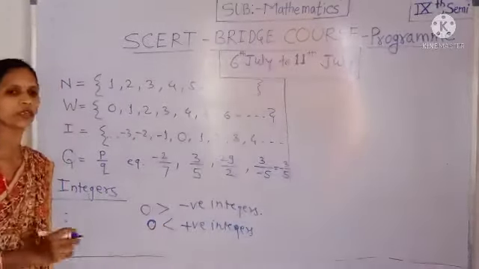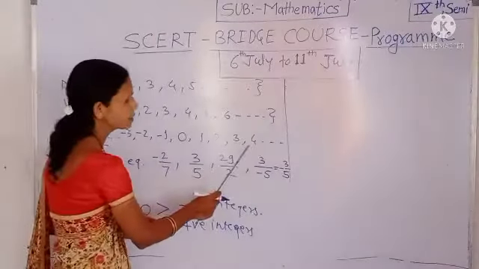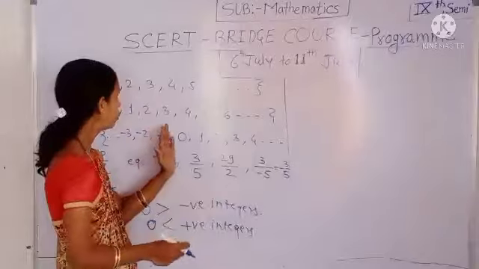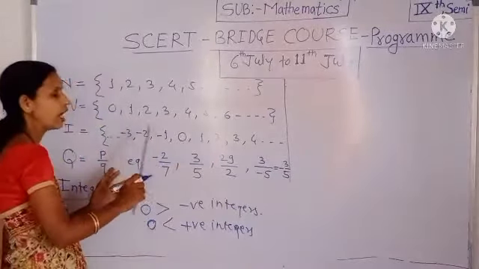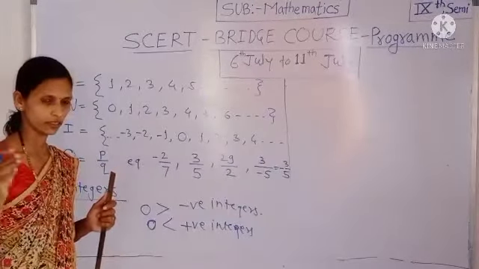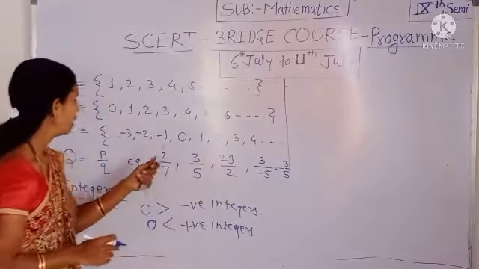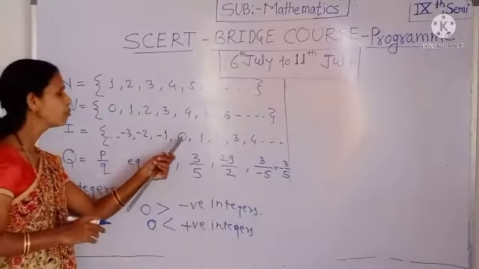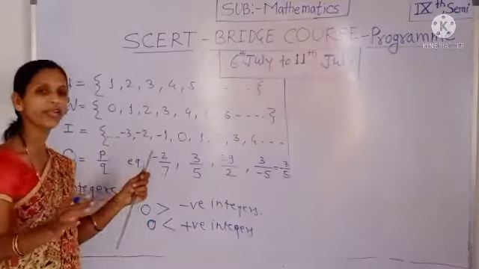And the numbers which are on the right side of 0 increase. That means the value of those numbers increases. And the numbers which are to the left of 0 are all negative.